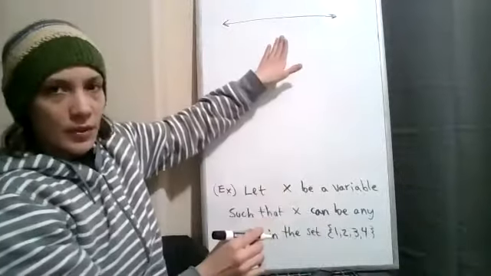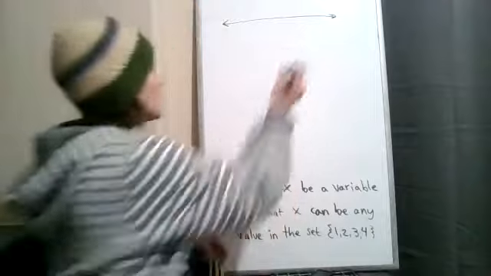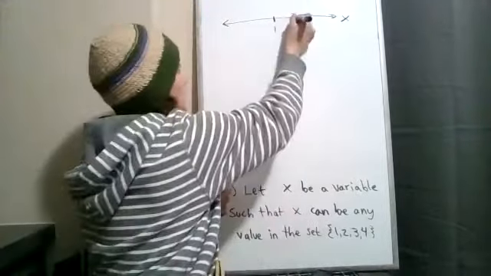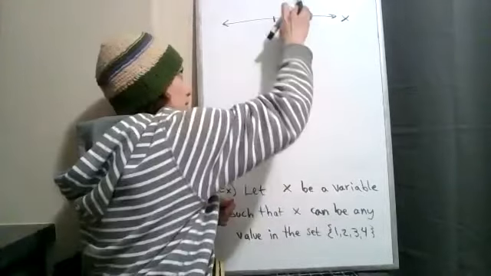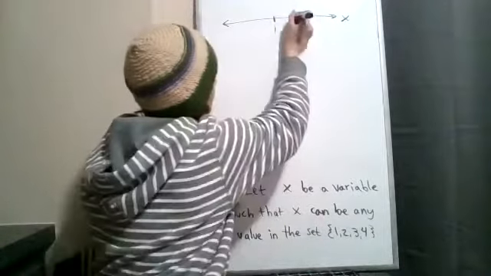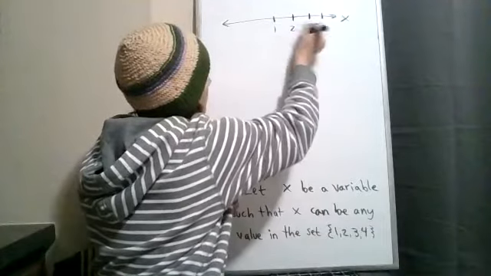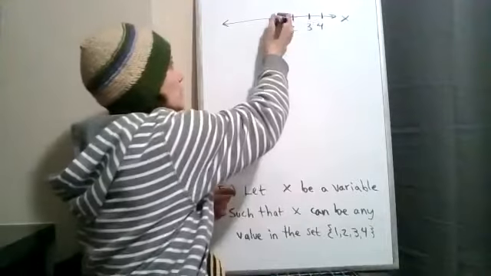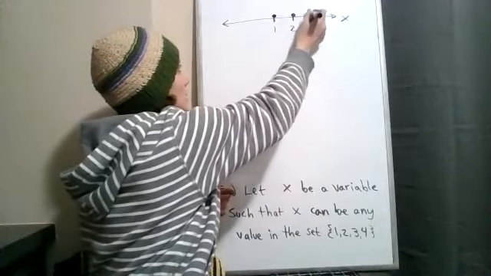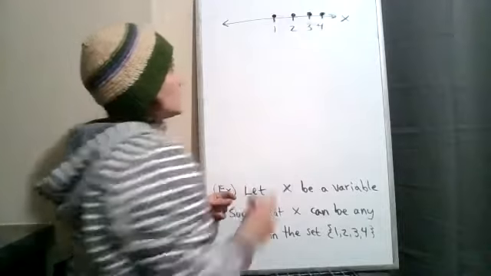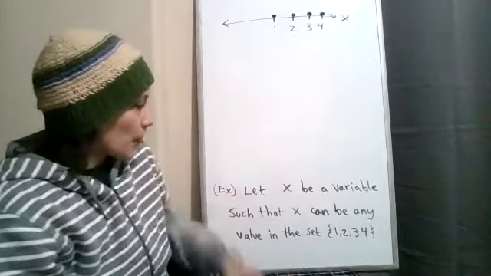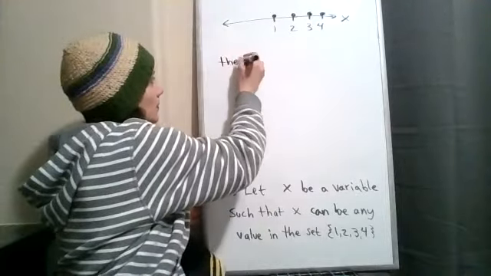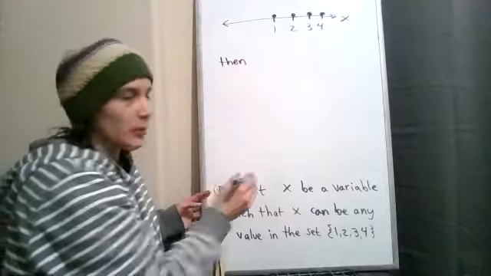Okay, so this is a number line for your values of x. X can be 1, 2, 3, or 4. We'll represent each of those values with a dot. So here, or here, or here. Okay, so this is a discrete variable.